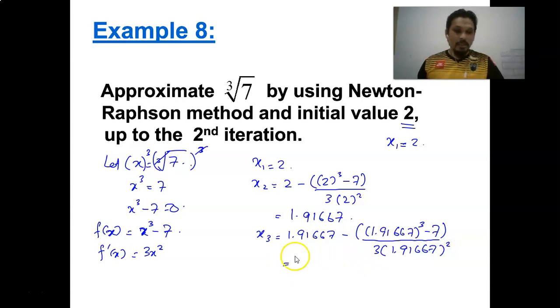If you calculate this, it gives you 1.91294 up to the second iteration.